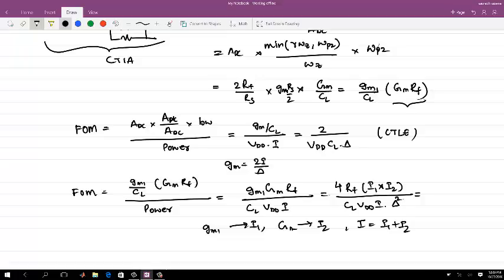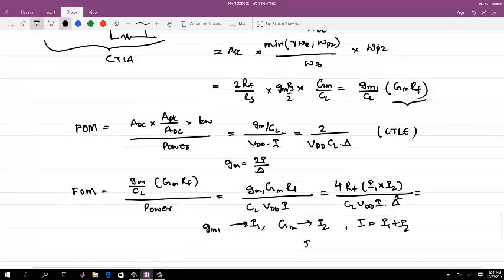Now if you find how to split the current I1 and I2, if the total current is the same, you will find I1 equals I2 equals I by 2 for maximizing this figure. So if I substitute that back here, I have RF I by CL VDD, so it's I by 2, I square, I goes CL VDD delta square.